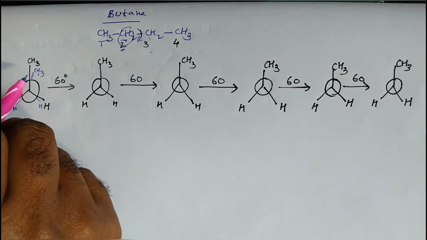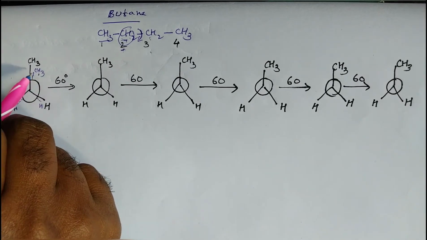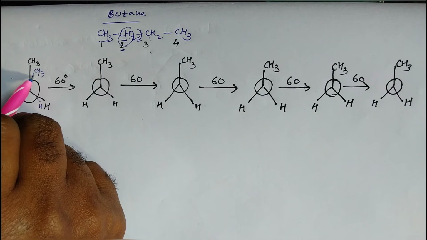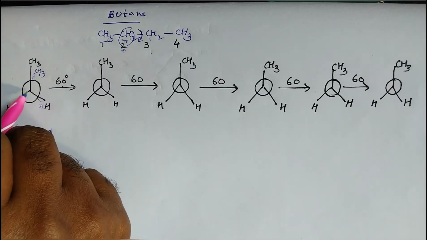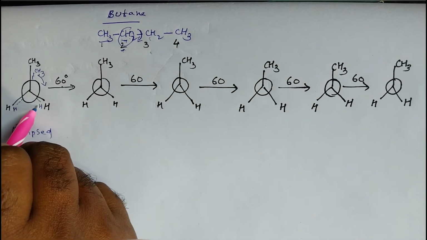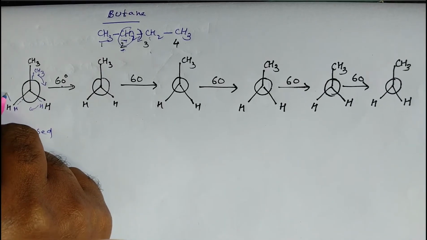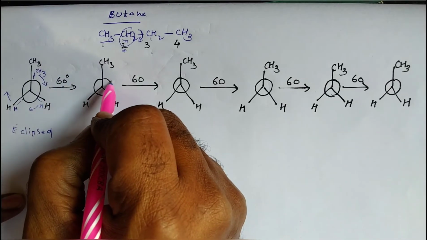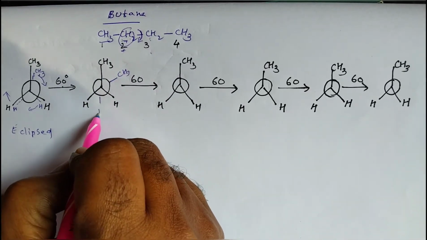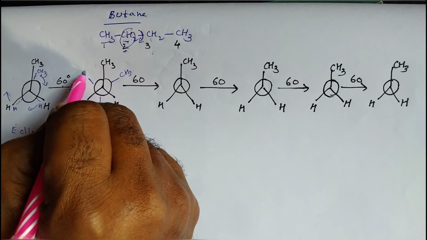Now, by keeping the first carbon in a fixed position, you have to rotate the back carbon by 60 degrees. When you rotate the back carbon 60 degrees, this methyl group will come here, this hydrogen atom will come here, and this hydrogen will go there. Then it will come CH3, hydrogen, then hydrogen atom.